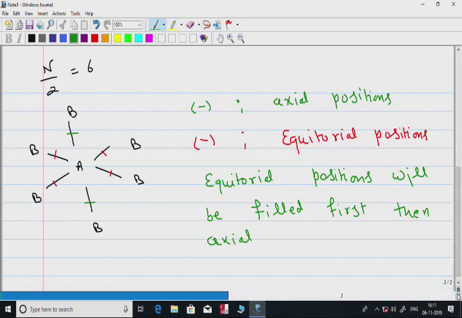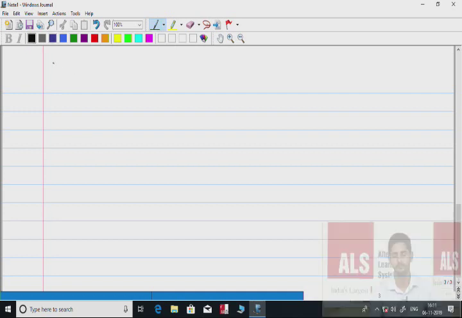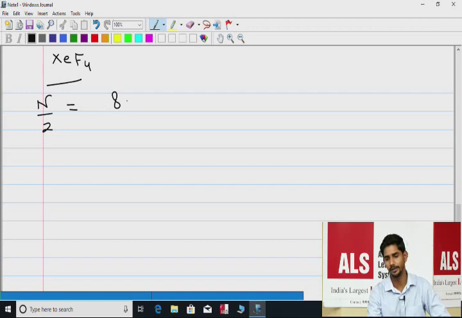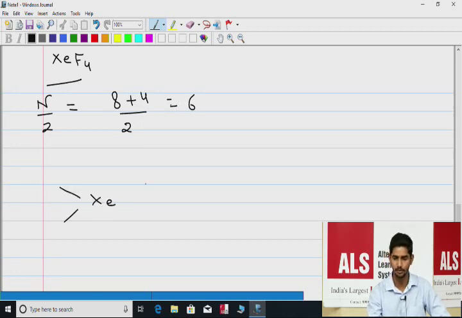Okay, let's start. See, let's say suppose we have got XeF4. Okay, first of all calculate the n by 2. Xenon has got 8 electrons plus 4 upon 2. It comes out to be 6. So our first work is to draw the 6 bonds like this, and after that put the 4 atoms, because we have 4 surrounding atoms here, 1, 2, 3 and 4.